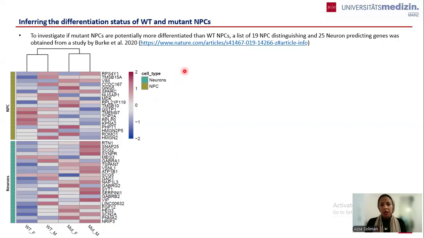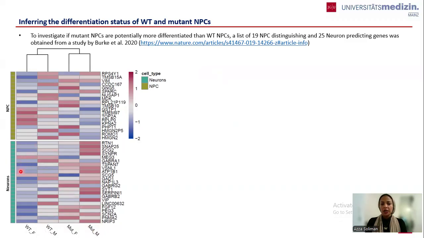From this study, they came up with a list of 19 MPC predicting genes and 25 neuron predicting genes. And we looked at the expression of those genes in our RNA-seq data. The first thing that we noticed, of course, is that the samples separate according to the genotype.